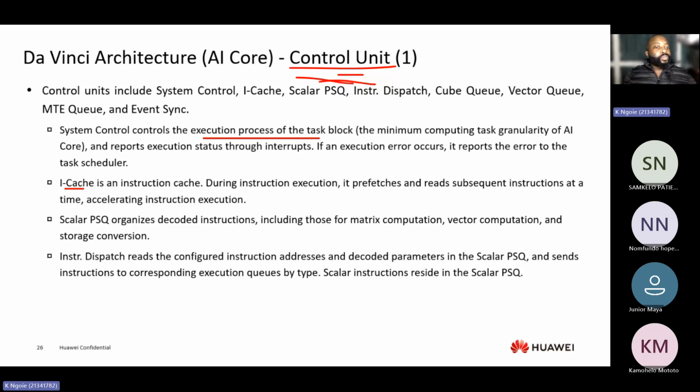Because you need to understand that in the control unit, we need to understand all the flows of the data within the computer. So the control unit needs to know exactly where the data is coming from and where it's going. Think of it like a traffic controller of the CPU. It controls the whole traffic there.